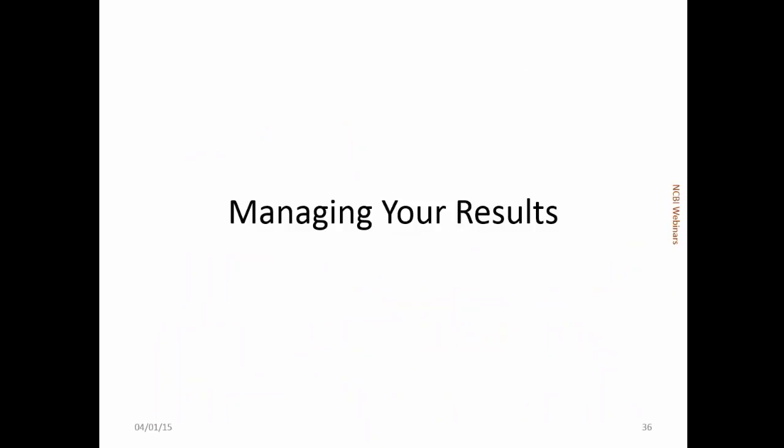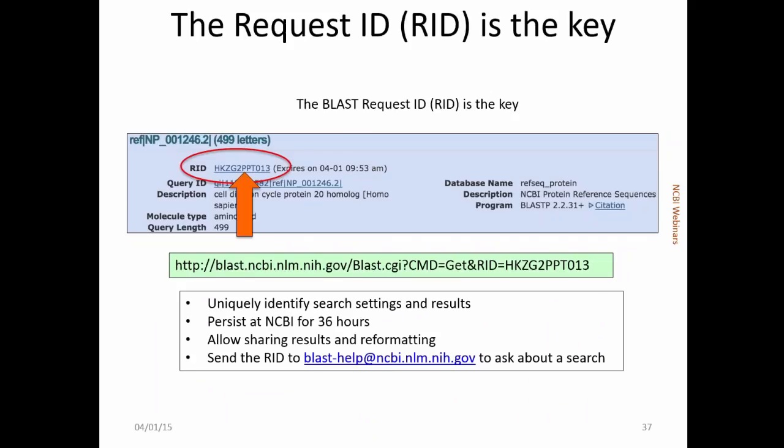Another topic that's very useful for people that are using BLAST on the web, and that's the ability to manage your results. And the request ID is the key to that. And you'll notice when you run a BLAST search, you'll see at the top of your output, there is this string of letters and numbers, and that's a BLAST request ID. If you click on that thing, it will give you a nice URL that will let you retrieve those results.